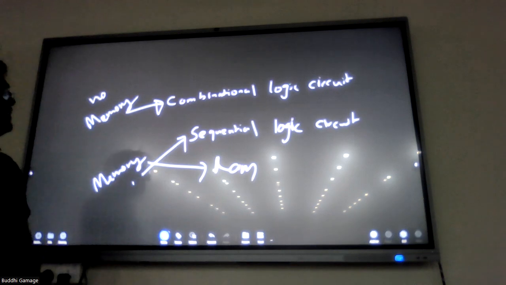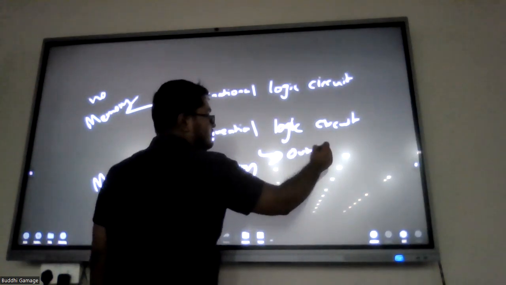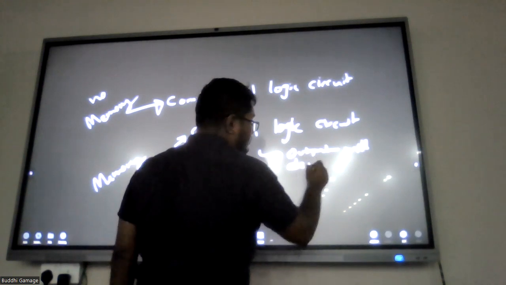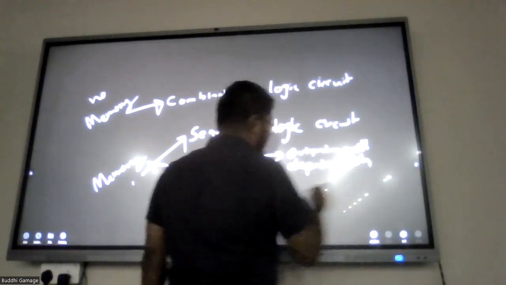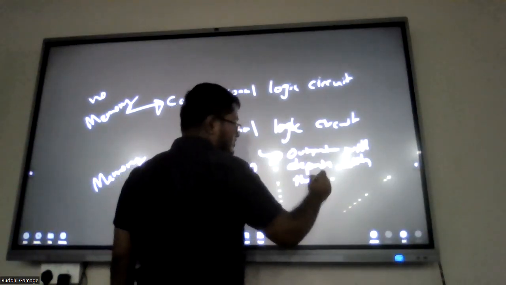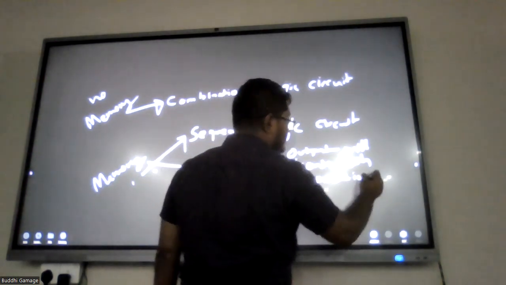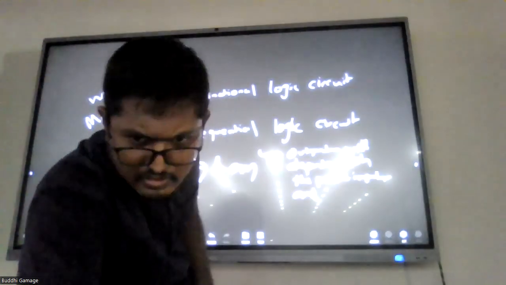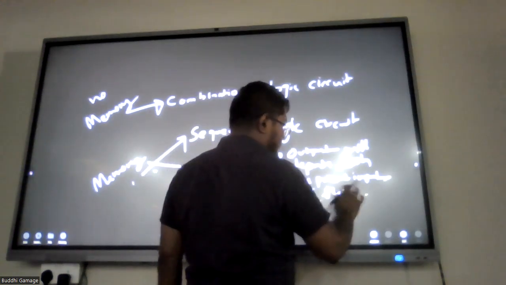Another difference is that in sequential logic circuits, the output will depend on the present input and the previous output as well.